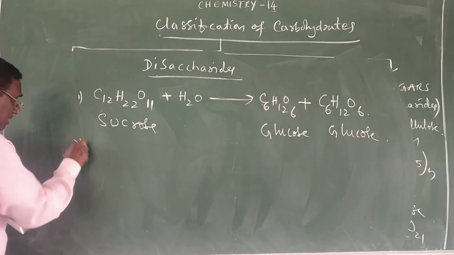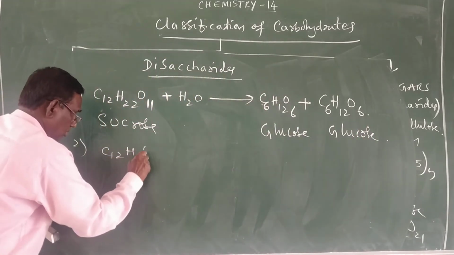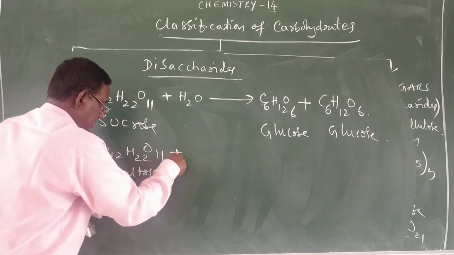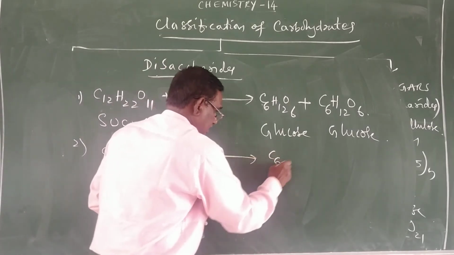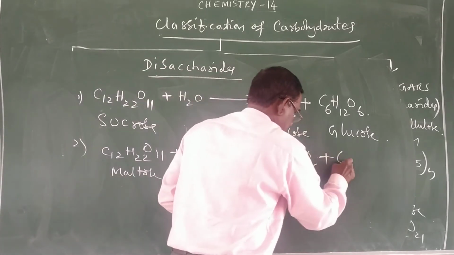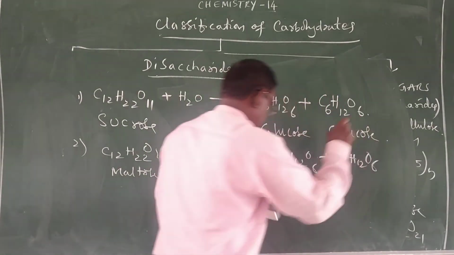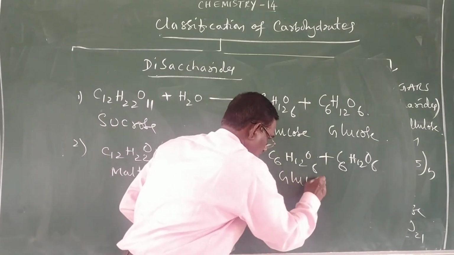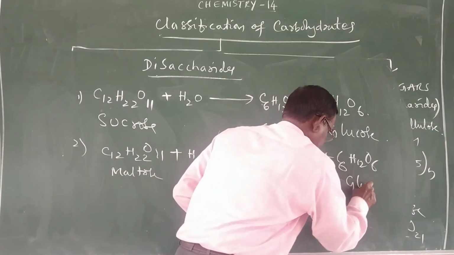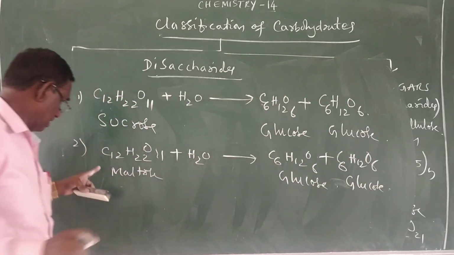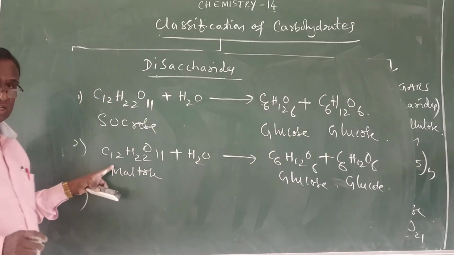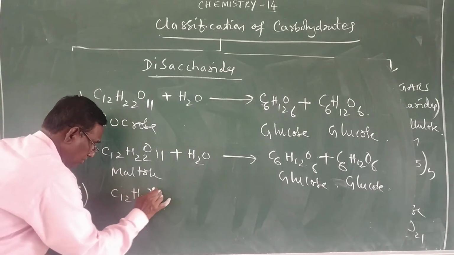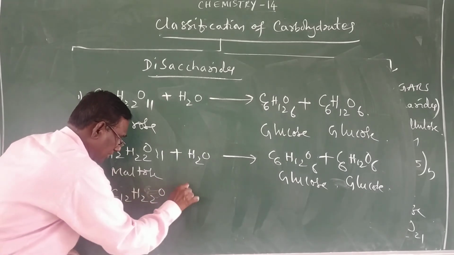Similarly, take C12H22O11 as maltose, plus water, giving C6H12O6 plus C6H12O6. Maltose gives glucose and glucose. Now take lactose, C12H22O11 plus H2O.